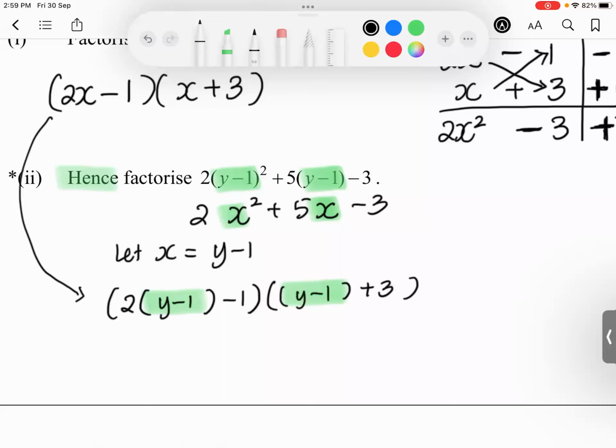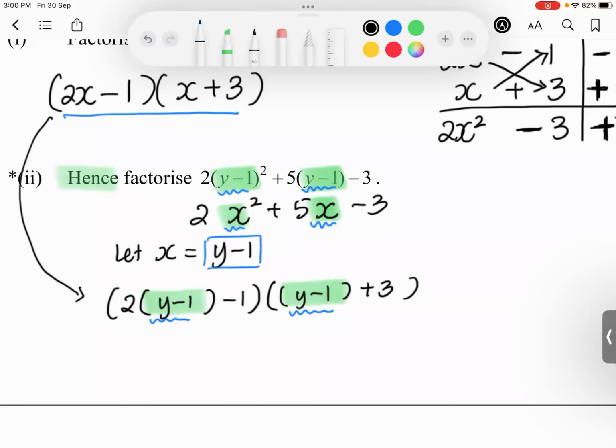I repeat again, observe the pattern. Then you notice y minus 1 and x are the same. I'll use my previous answer over here: 2 times the whole of x minus 1, times x plus 3. I will replace the x itself by y minus 1.